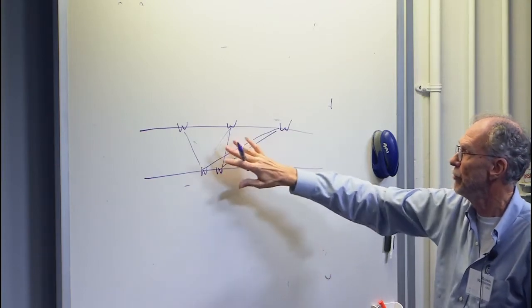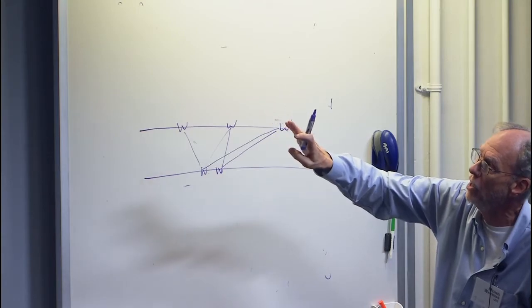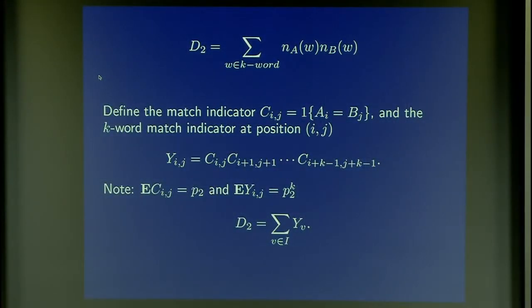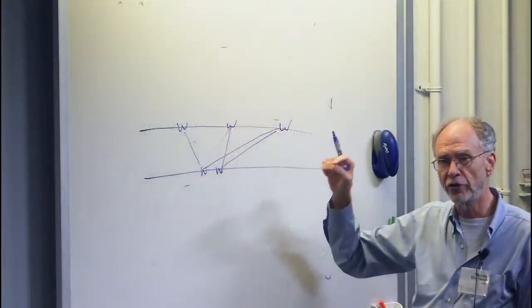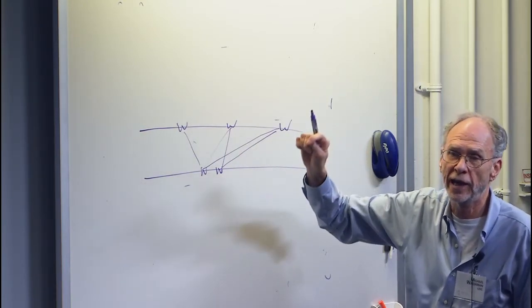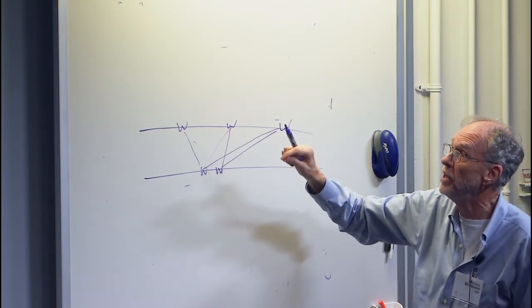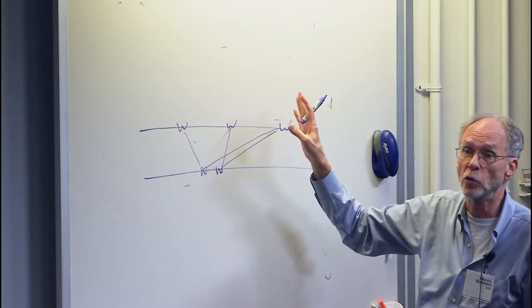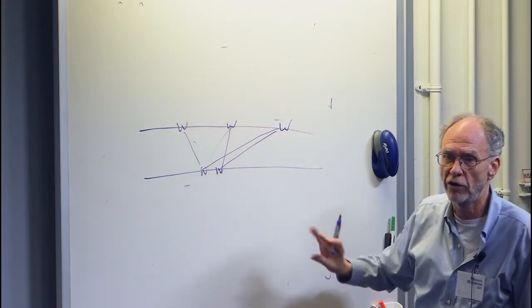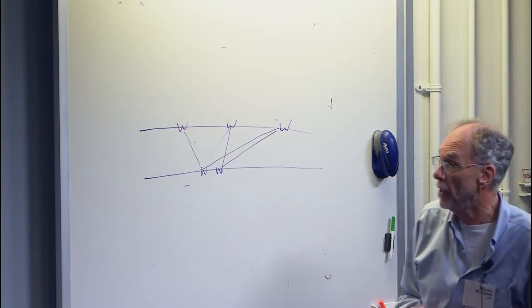So just looking at this, if you can turn that sum of NA and B to a sum of indicator functions, does the word starting at I in the A sequence and the word starting at J in the B sequence, are those K words equal? And 1 if they are and 0 if they aren't. So we've converted it to something that looks like an array of random zeros and ones.